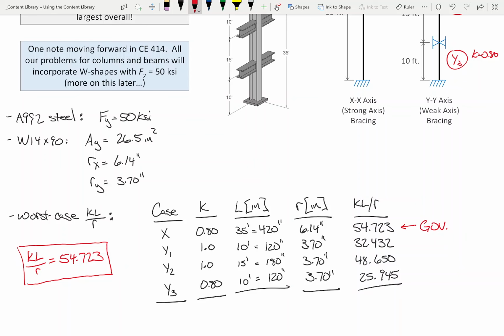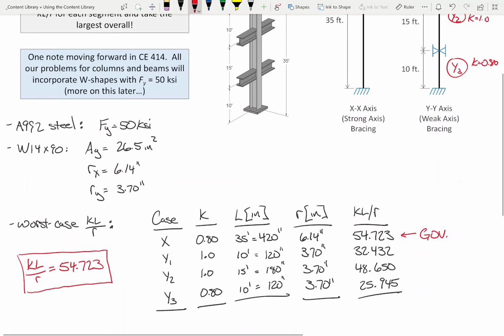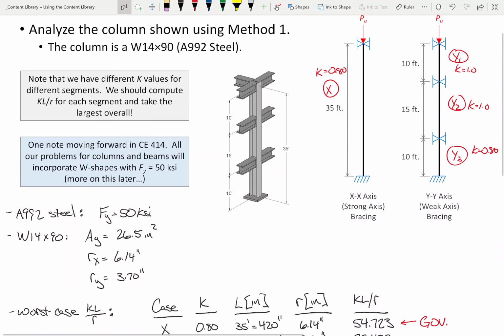Let's go back to the very beginning. Could we, without doing any math, have looked at each of these and figured out which one was going to govern by looking at the y-axis? Which one was going to have the largest KL over R for the y-axis? Y2, right?